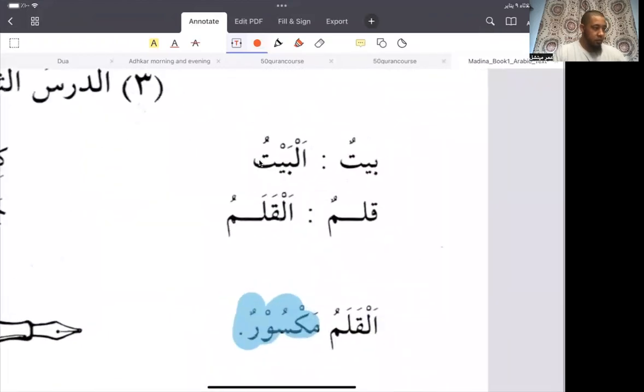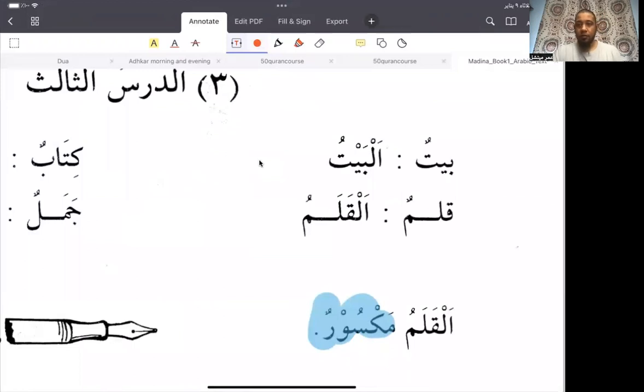We also covered here baytun and el baytu. If there is a tenween, baytun, it means a house. El baytu means the house. So how do you know if it's definite or indefinite? It's indefinite if there's tenween. If there's no tenween, there's alif and lam. That means it's definite, okay?